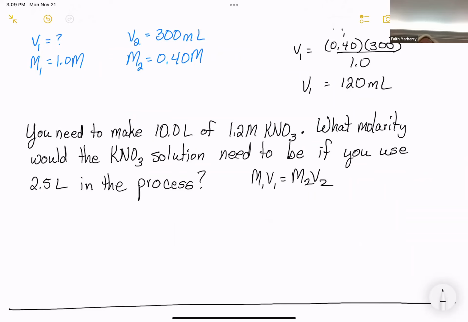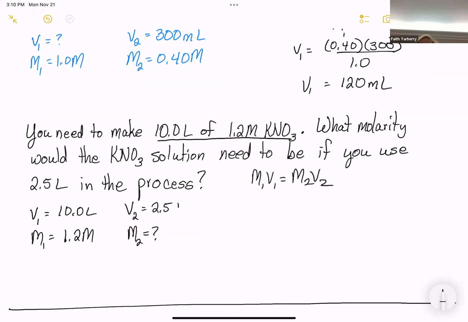So we need to make a 10-liter solution of 1.2 molar KNO3. What molarity would the KNO3 solution need to be if you use 2.5 milliliters in the process? I mean, 2.5 liters.